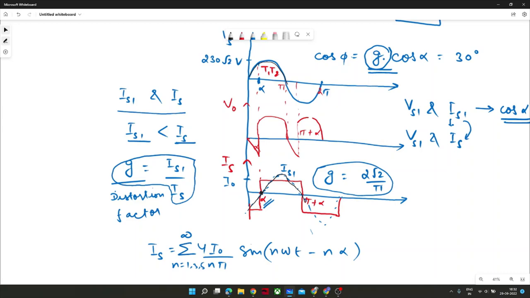But we need the total power factor, that is the angle between Vs and Is. Since this waveform would get distorted if you add up the third harmonic as well, and the fifth harmonic like that, all these harmonic components would distort the waveform.